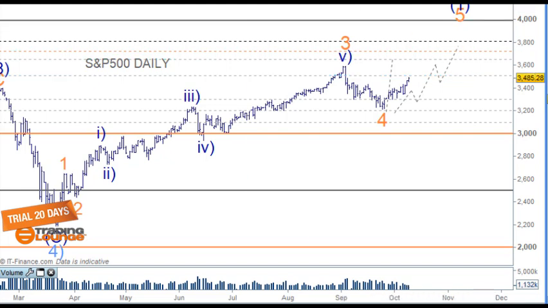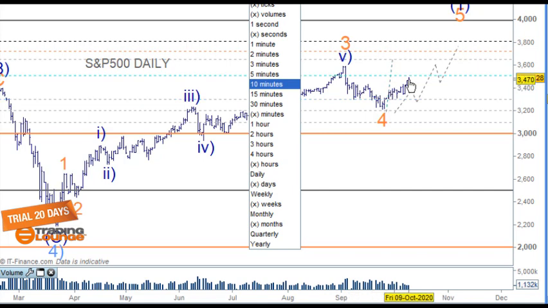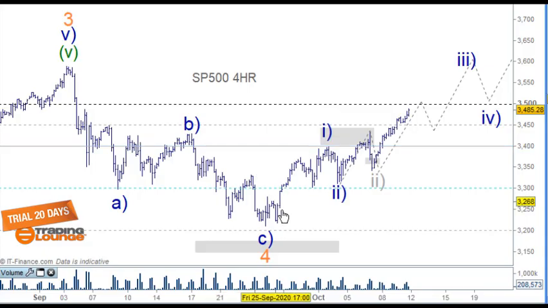But we can expect a classic trading levels pattern because it hasn't made a new high. We can expect a classic trading levels pattern across that particular level there.